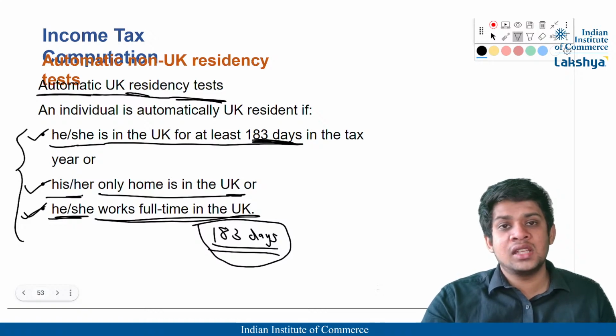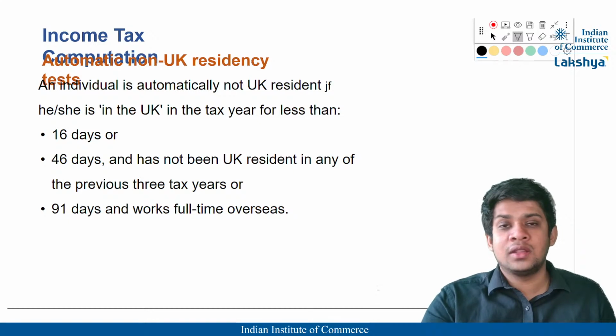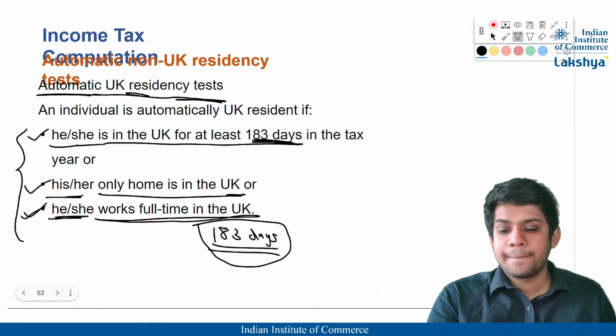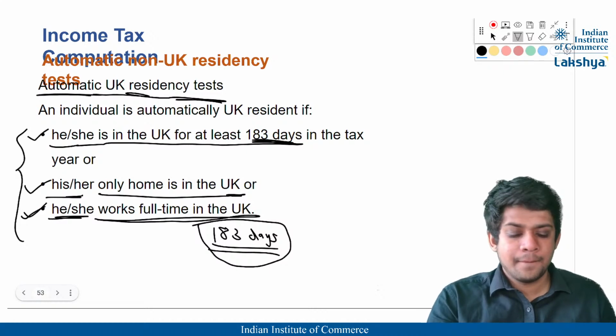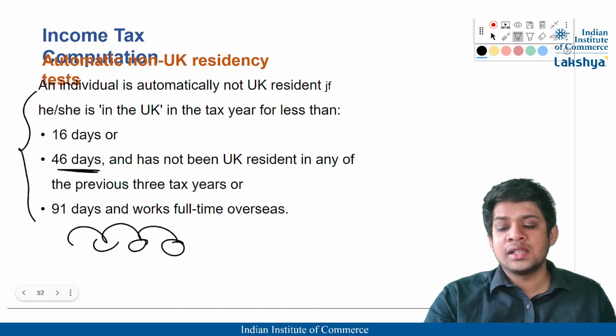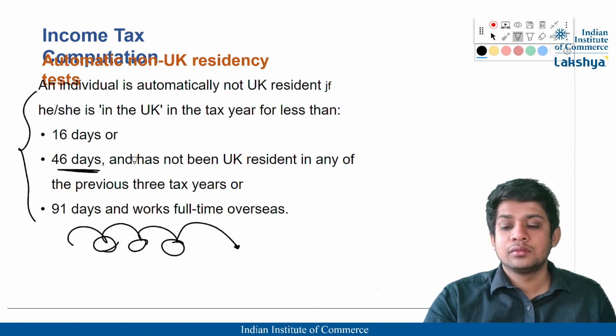But before considering these ties, always you shall go in the format. You shall first look at these ties. Because guys, what happens is, suppose in the previous three tax years I was a UK resident, but in this year I stayed only for 16 days.